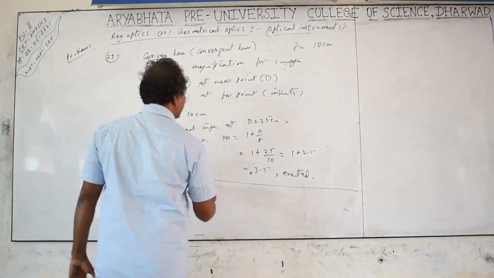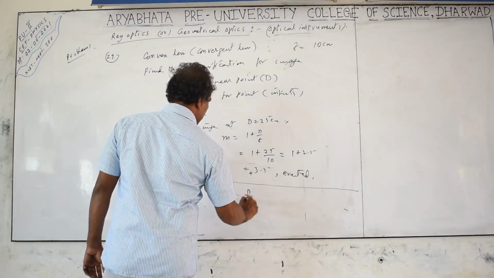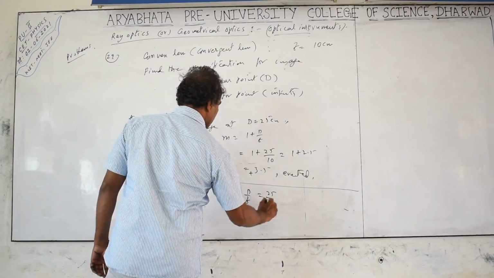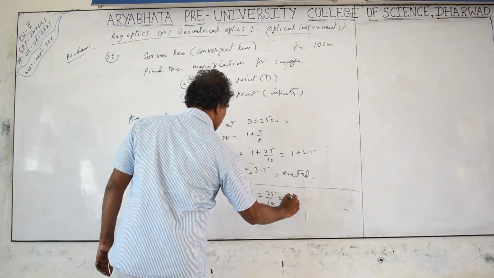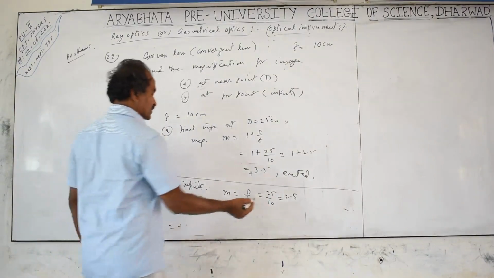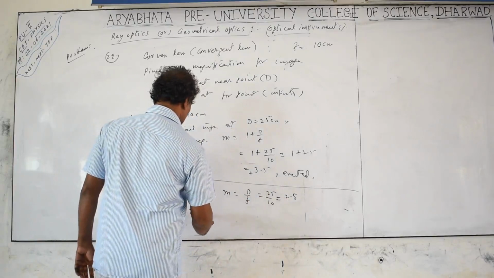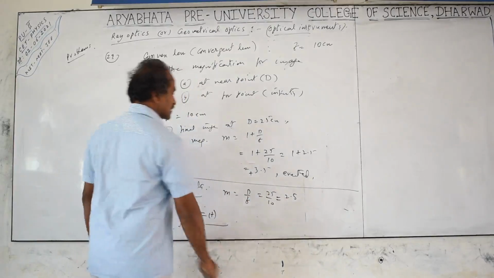The magnification formula is simply d by f, which is 25 by 10, which is 2.5. There are no units for the magnification. It is also positive, meaning an erect image.